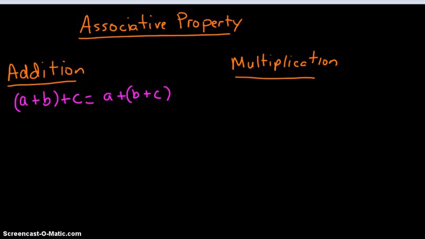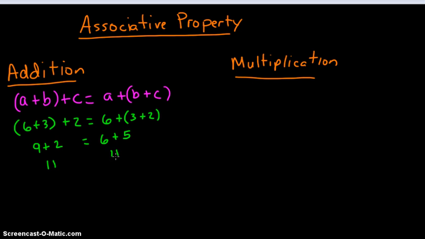So let's plug the values in. 6 plus 3 plus 2 is the same as 6 plus 3 plus 2. Again, you can notice I didn't change letters, so I put 6 in the A spot, 3 for B, and 2 for C. So this one is 9 plus 2, which is 11. And this one is 6 plus 5, which is 11.